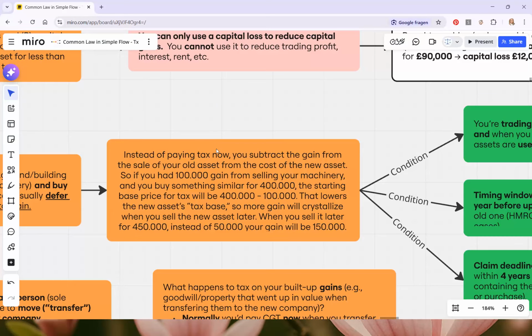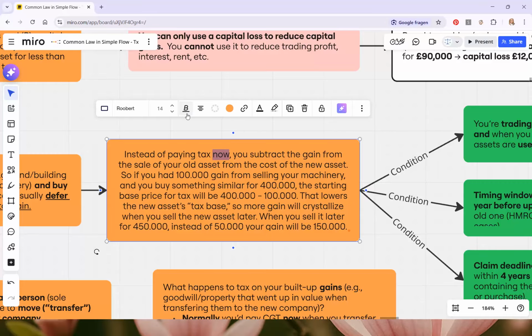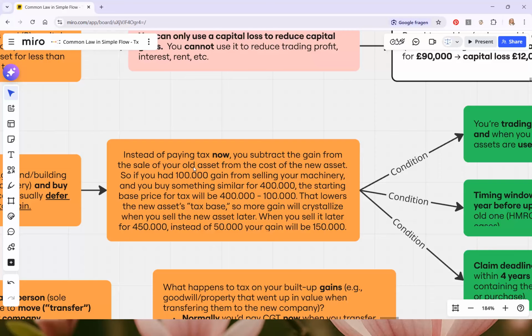Instead of paying tax now, you subtract the gain from the sale of your old asset from the cost of the new asset. That lowers the new asset's tax base, so more gain will be crystallized when you sell the new asset later.